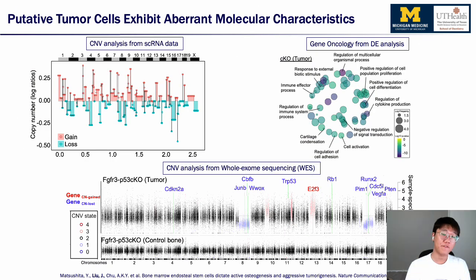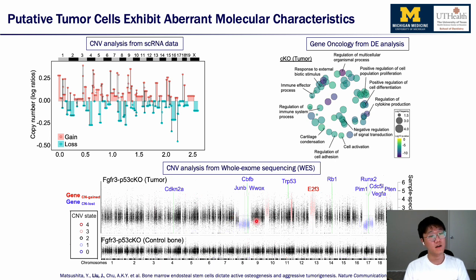And we then dove a little bit deeper and performed further experiments. We first replotted the results from CopyKAT, and you could see there are significant copy number changes across the entire genome, including both gains, colored in red, and losses, colored in blue. We also performed whole exome sequencing, and it suggests the same story.